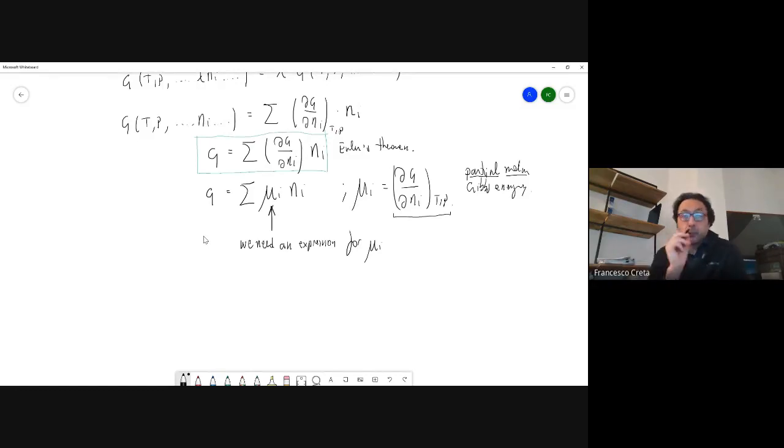Now, let's go back to here. We want to write down G, so through Euler's theorem, we realize that we need an expression now for the chemical potentials. How do we write down an explicit form of the chemical potentials in terms of, say, the state variables, like pressure, like temperature, like volume? Well, we have to specialize our system. What do I mean by that?